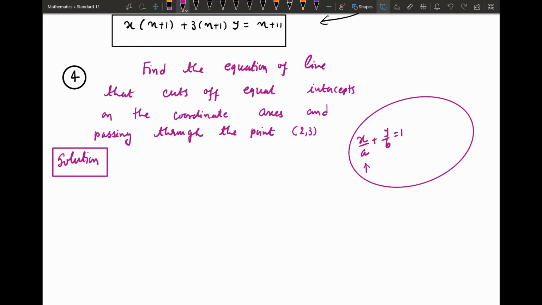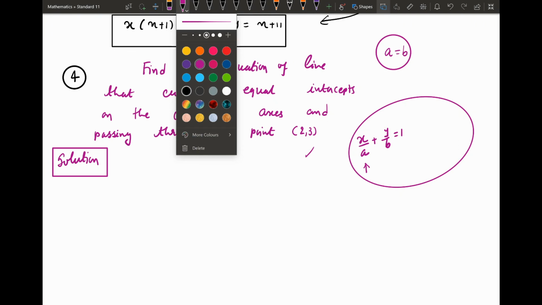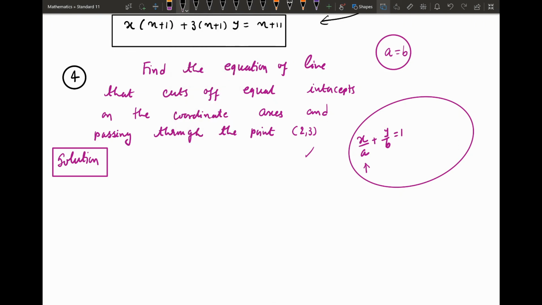And here we have been given that x intercept and y intercept are equal. This is given, and the line passes through (2, 3). So using this information, that the line passes through (2, 3), we will find the value of a, which is equal to b. Since intercepts are given, we will use the intercept form.